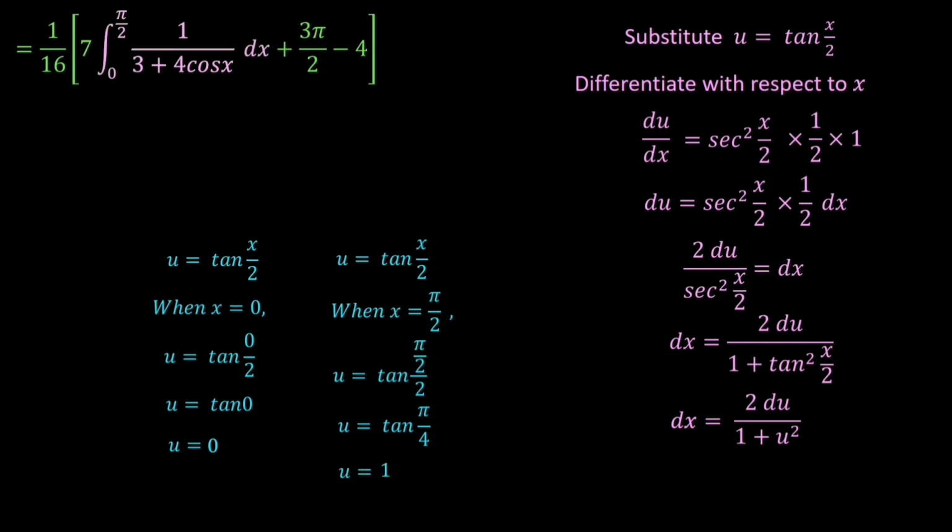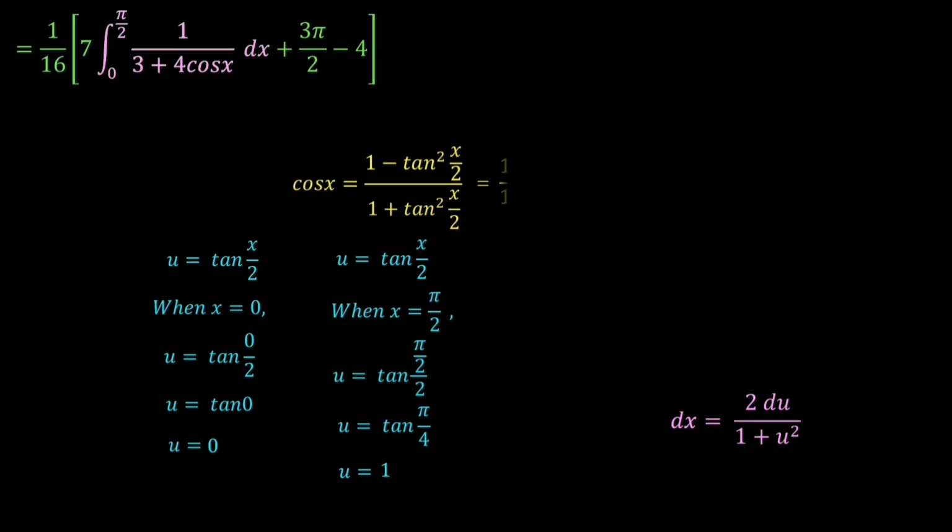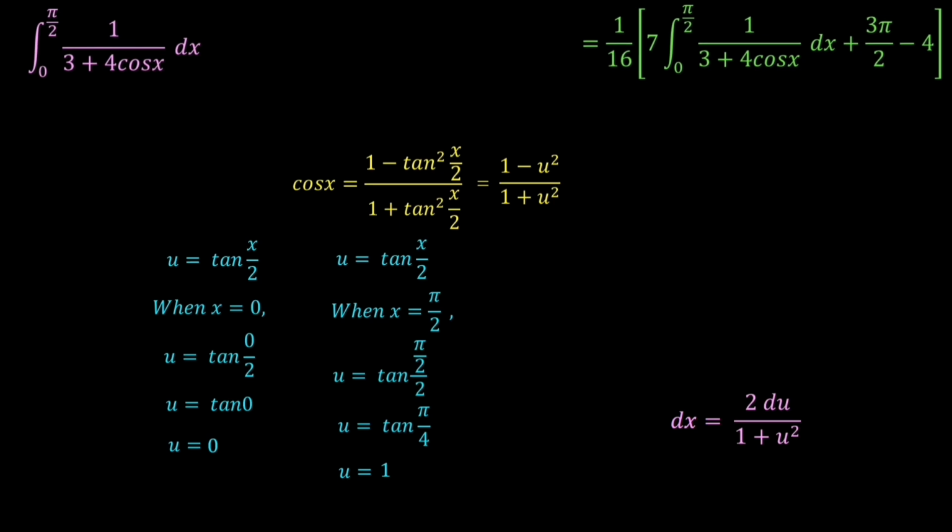Further, cos x equals (1 minus tan squared x over 2) over (1 plus tan squared x over 2). So, instead of tan x over 2, we can substitute u. Then, cos x equals (1 minus u squared) over (1 plus u squared). Let's move to the integration part.